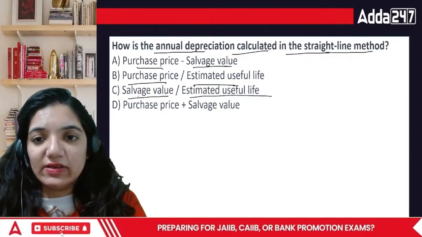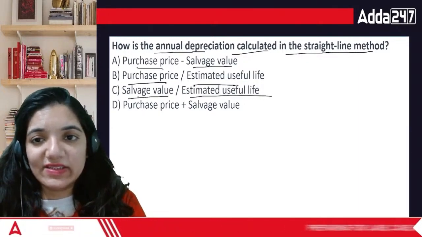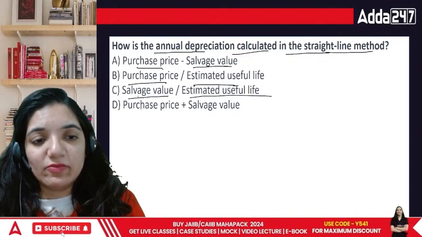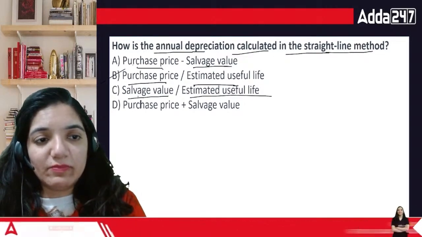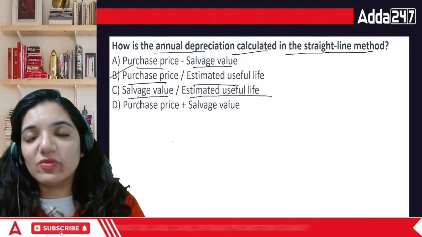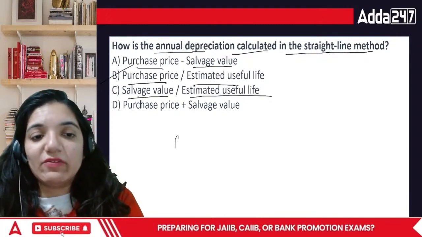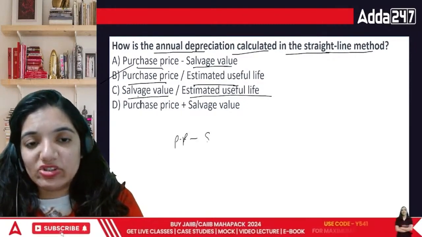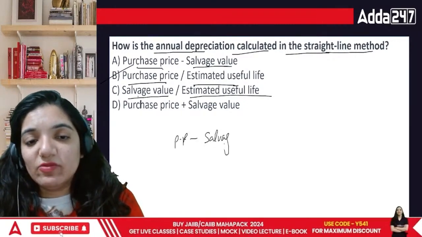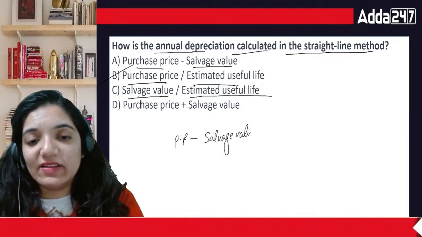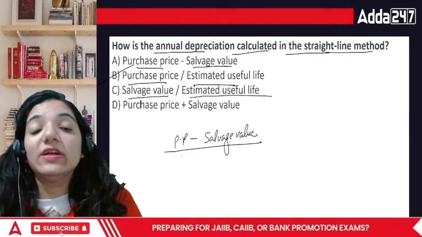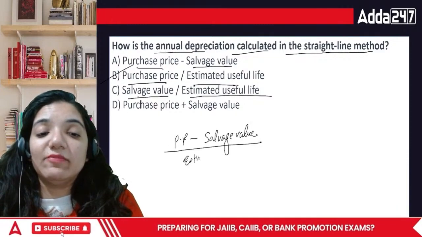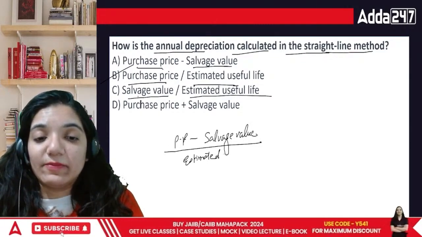It is actually whatever your purchase price is under straight line method, well, B would be the answer, but normally there is one more point there. Whatever your purchase price is minus your salvage value, if there is one, then you consider it. If it is nil, then obviously this turns out to be 0 divided by the estimated life.